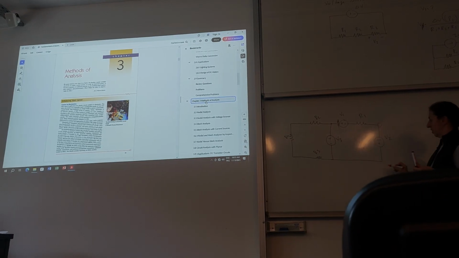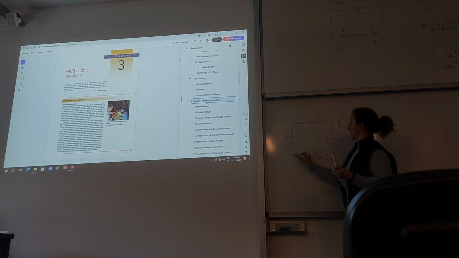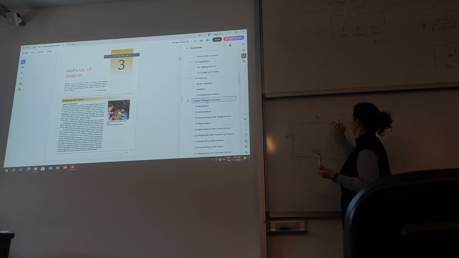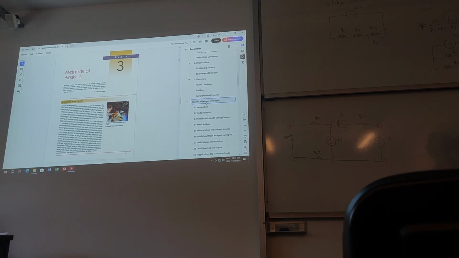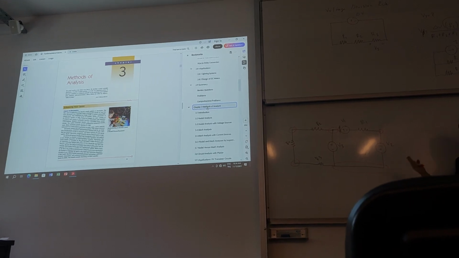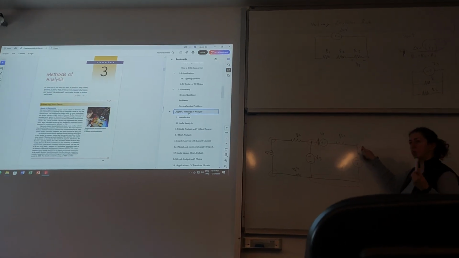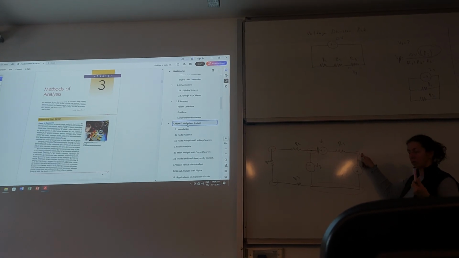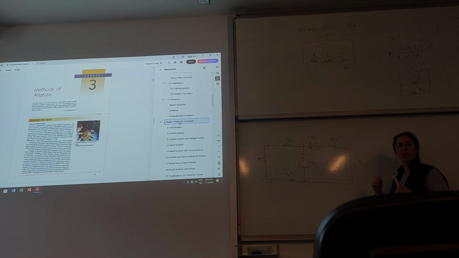Node 1, node 2, 3, 4, and 5. Remember what the node voltage method was telling us? We are going to choose a reference node so that everything else can be written with respect to that. There are different choices. You can choose this one as the reference too, but it wouldn't be useful. So that's why you have to figure out what would be the best one.